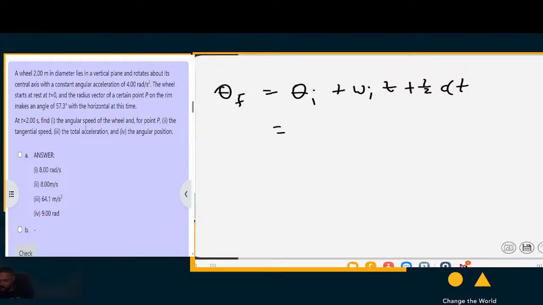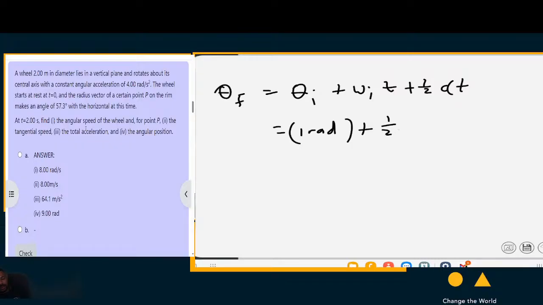I just plug in everything we know. Theta initial is 1 radian.